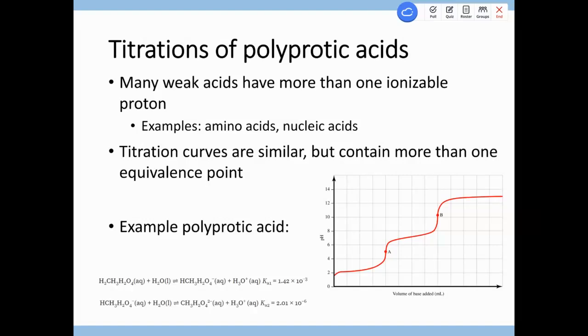The first equivalence point is when all of the first proton, the most acidic proton, has reacted with the base. And the second equivalence point will be when all of the second acidic proton has reacted with the base. So if you see 2 or 3 equivalence points, that means you have a polyprotic acid. All right, I think we're done with that section. Questions before we move on?